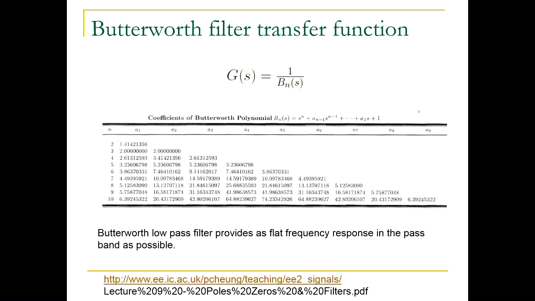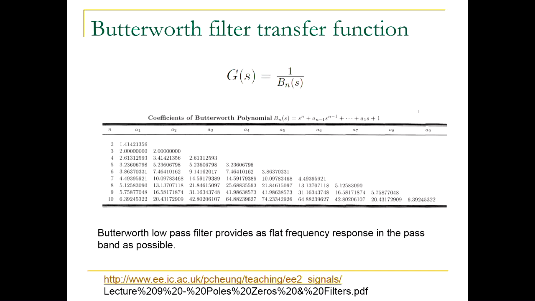If you look at the coefficients in the polynomial that correspond to different Butterworth filters, the coefficients for the second order system are given here, then the third order system, fourth order system. You just read out these coefficients, plug them into the polynomial given here, and you have your desired locations of poles.